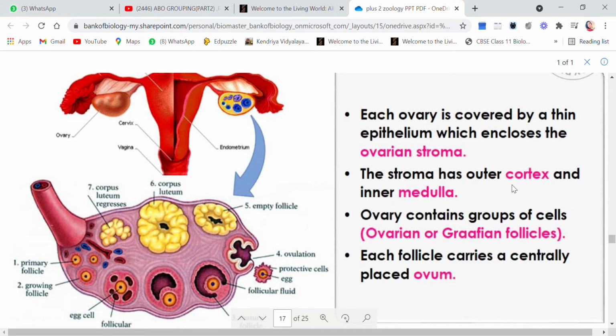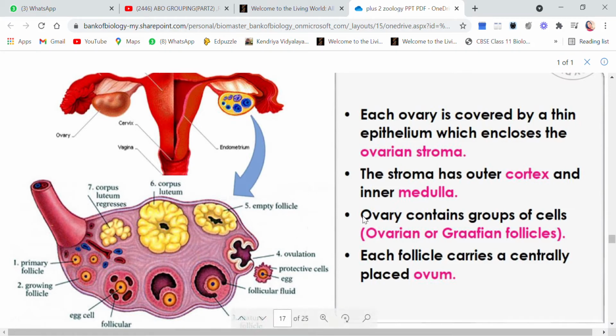The stroma has an outer cortex and an inner medulla. This whole stroma, or the portion inside, is divided into two parts. The outer portion is called the cortex and the inner portion is called the medulla.